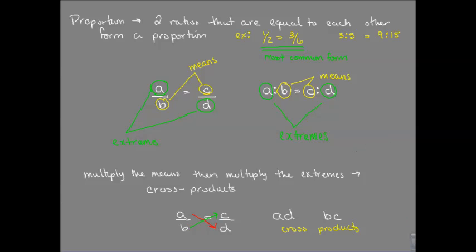And the cross product property tells me that they're equal. So if you have a proportion, so you have two fractions that are equal, and you cross multiply, you get two products that are equal, cross products.